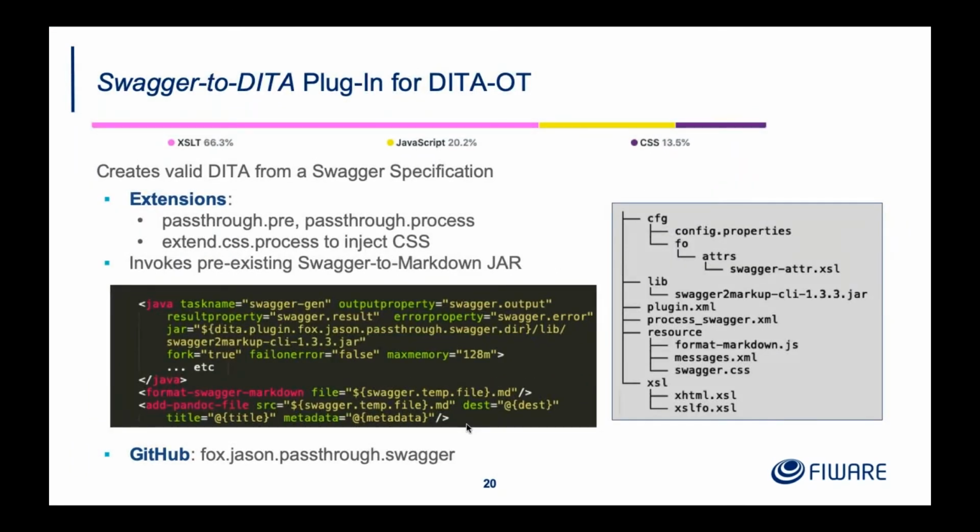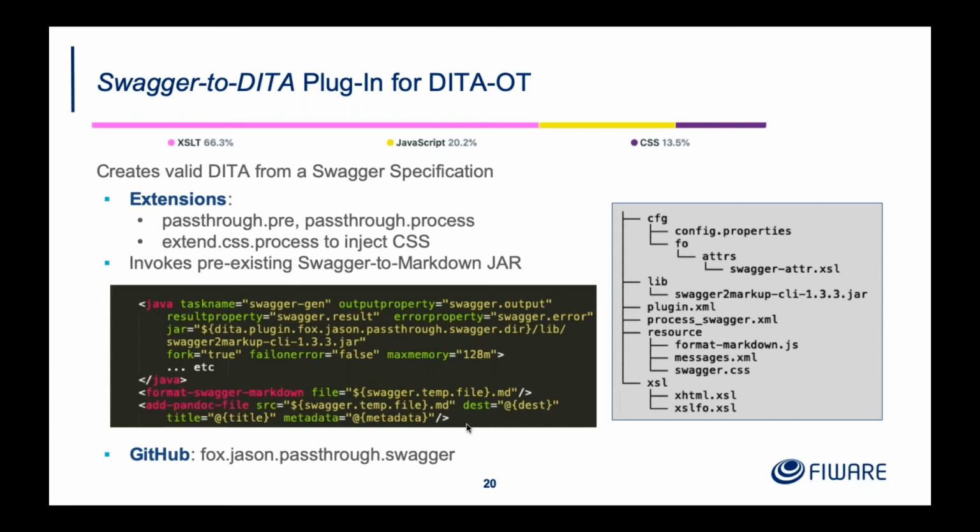The second option here is to do some processing before you pass stuff into the pandoc processing. If you have ever come across Swagger, it's a REST API specification. You can create the files in either YAML or JSON.